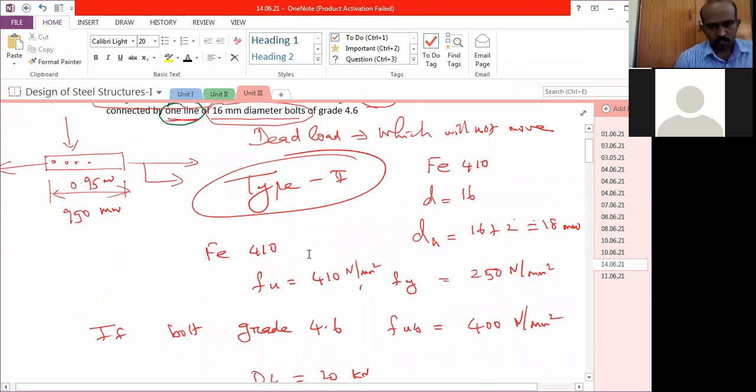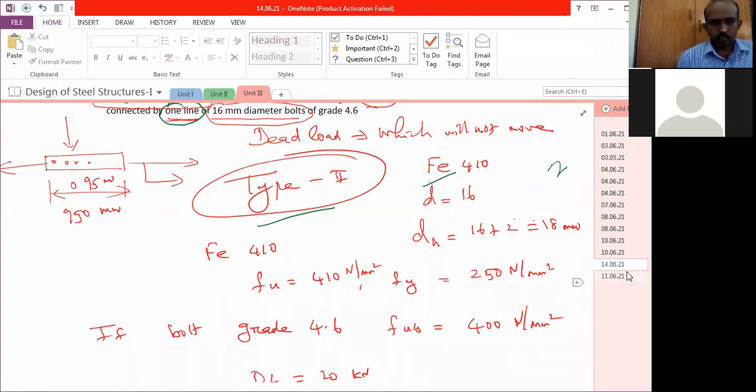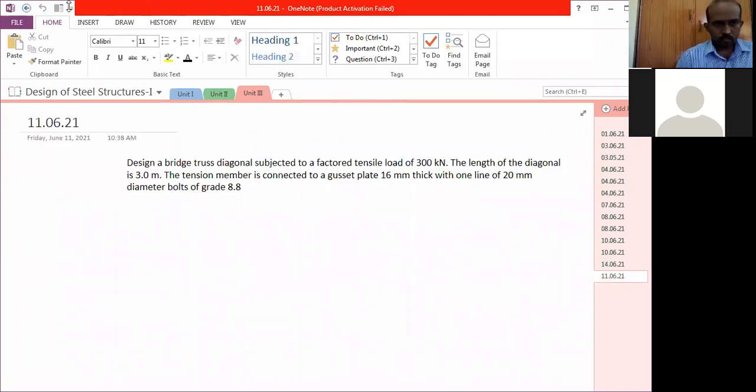Already I have mentioned, this is a type 2 problem. This problem and the next problem also we are going to discuss today, the design of tension members based on the load.